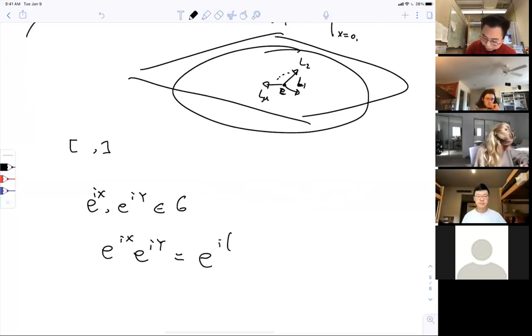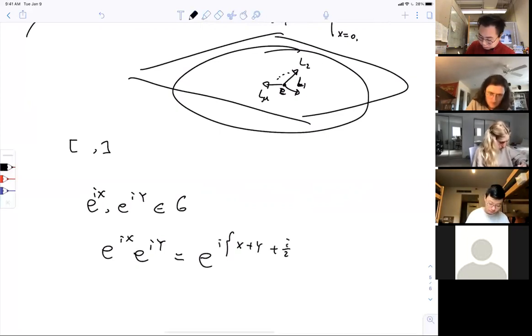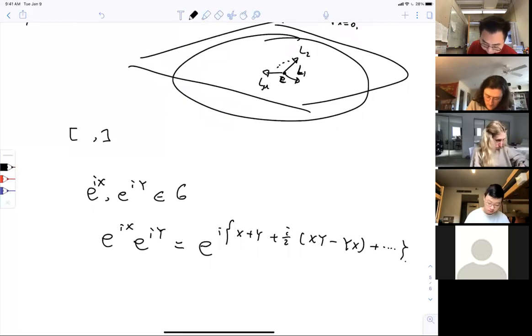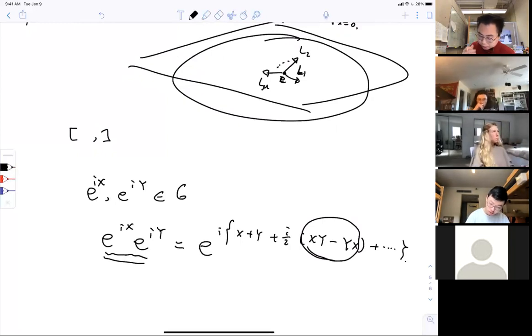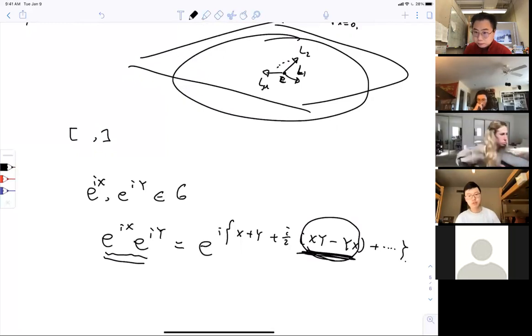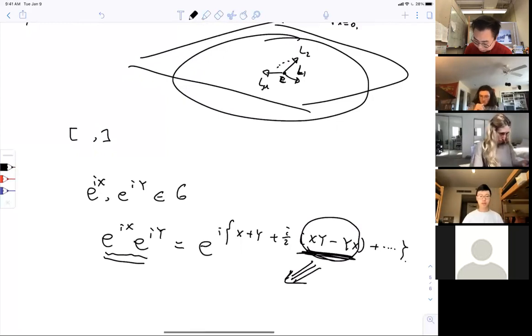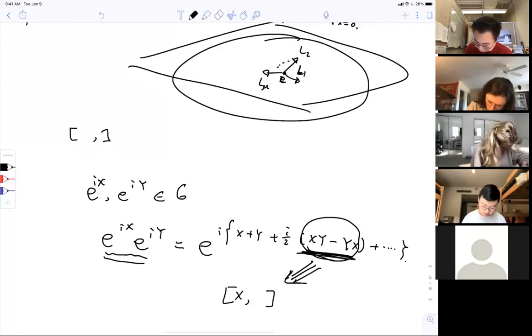It's given by exponential of x plus y plus one half times xy minus yx, and so on. When you calculate this kind of group multiplication, naturally there's an element you need to evaluate. So doing the group multiplication is equivalent to evaluating xy minus yx. And we define this as the Lie bracket.